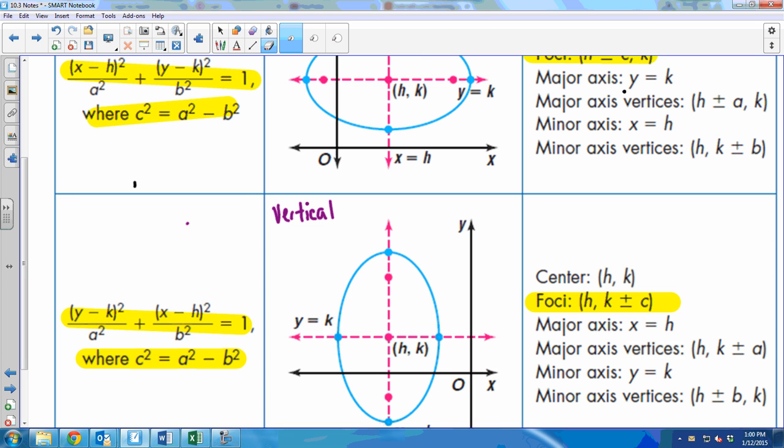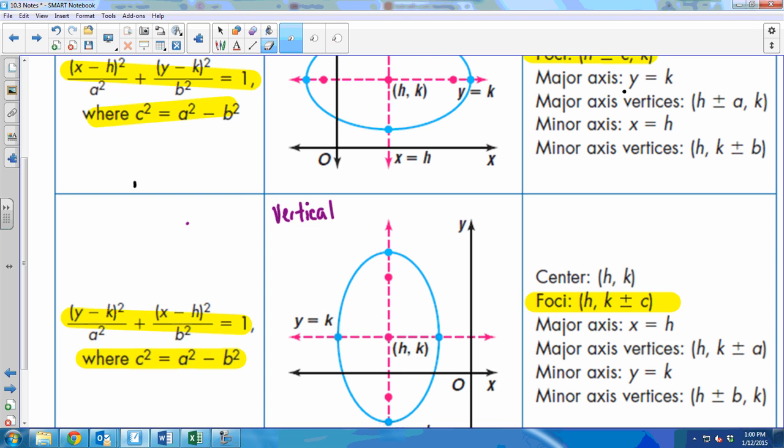The equation for an ellipse is always equal to 1. Notice the only difference in the equations is the a squared and the b squared.